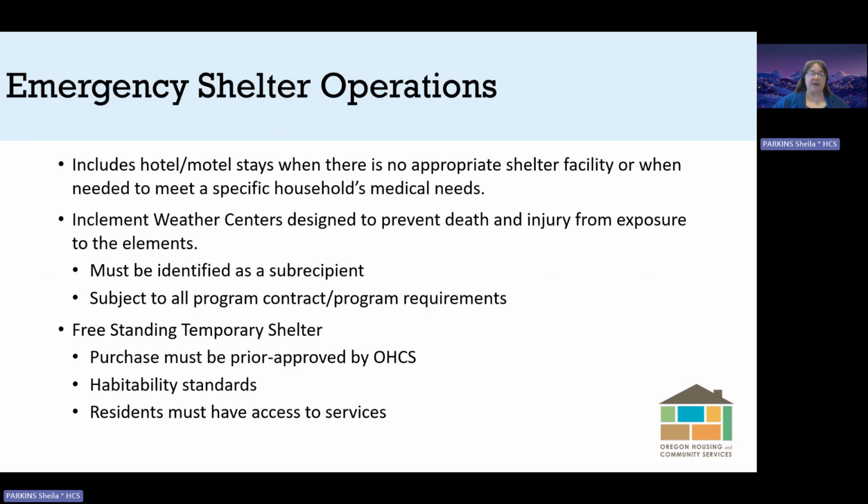Inclement weather centers may also be a form of sheltering and typically come into place when temperatures or a combination of precipitation, wind chill, and air quality become dangerously inclement. The paramount purpose of an inclement weather center is to prevent death and injury from exposure to the elements.